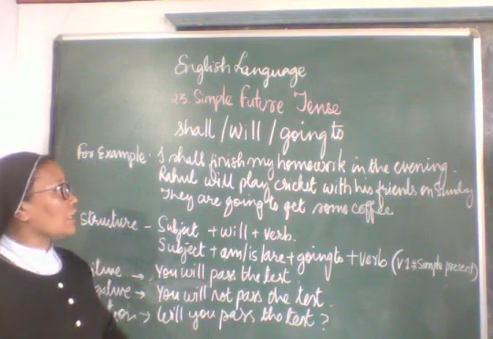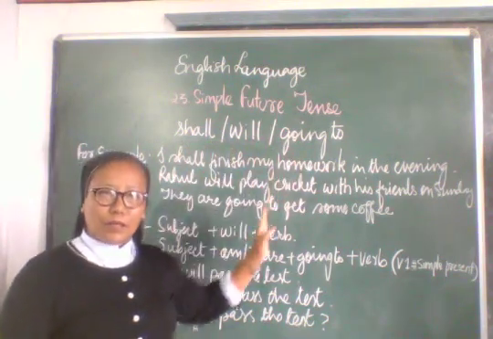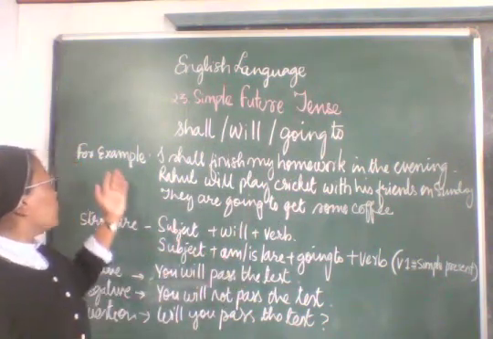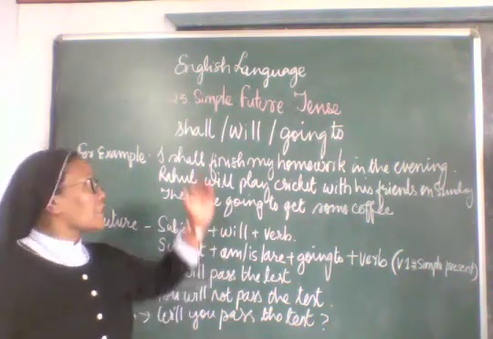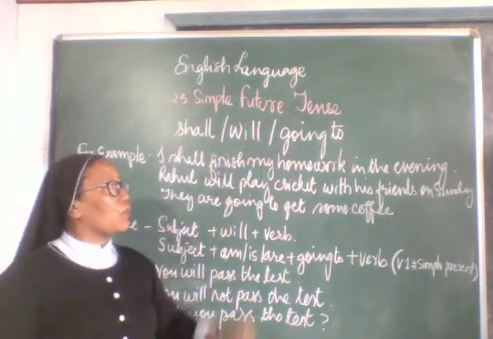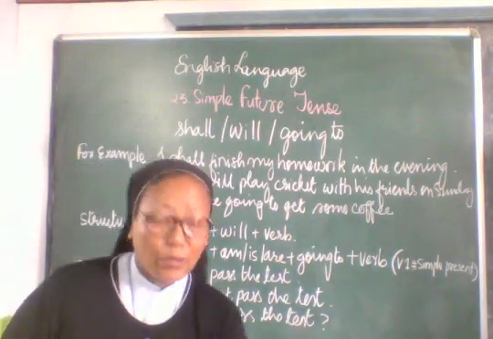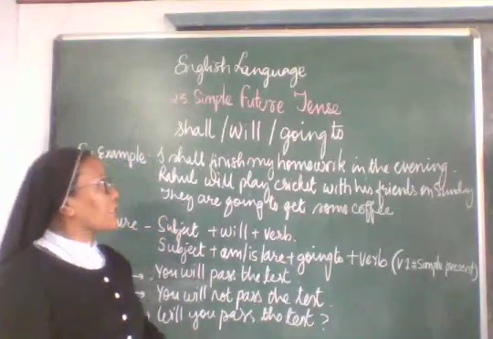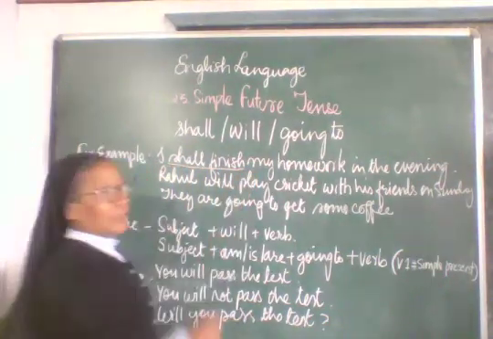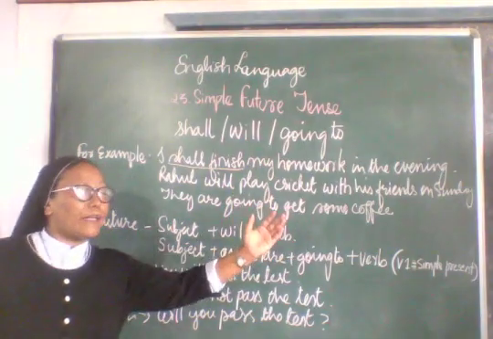Remember that. When we use shall, will, and going to, we will learn it later in this section. Now, see the example: I shall finish my homework in the evening. So, it's my plan to finish my homework in the evening. I'm talking about completing my homework in the evening.